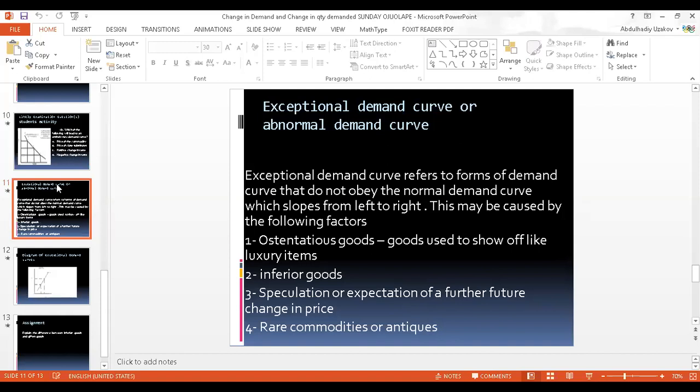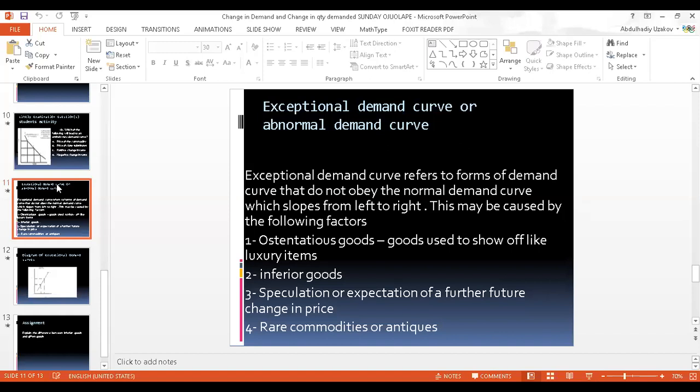That means the demand curve does not follow the regular law of demand. The law of demand states that the higher the price of a commodity, the lower the quantity demanded of that commodity.